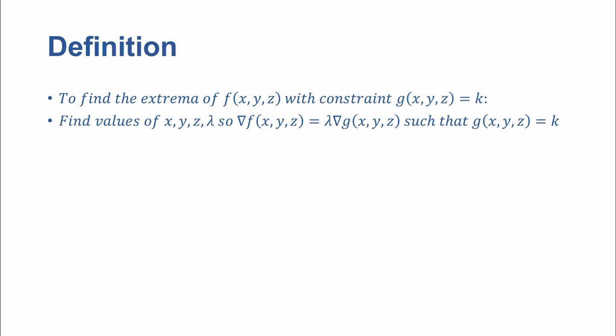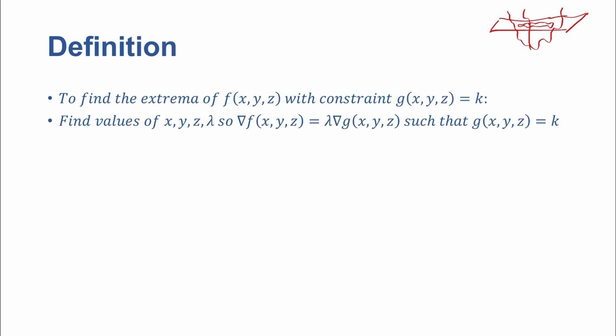Basically, we have a multivariable function, and it goes out like that. But you have a plane, or g of x, y, and z, or g of x and y, I'm drawing this in the two variable case, and that restricts us to a certain level curve of our function.